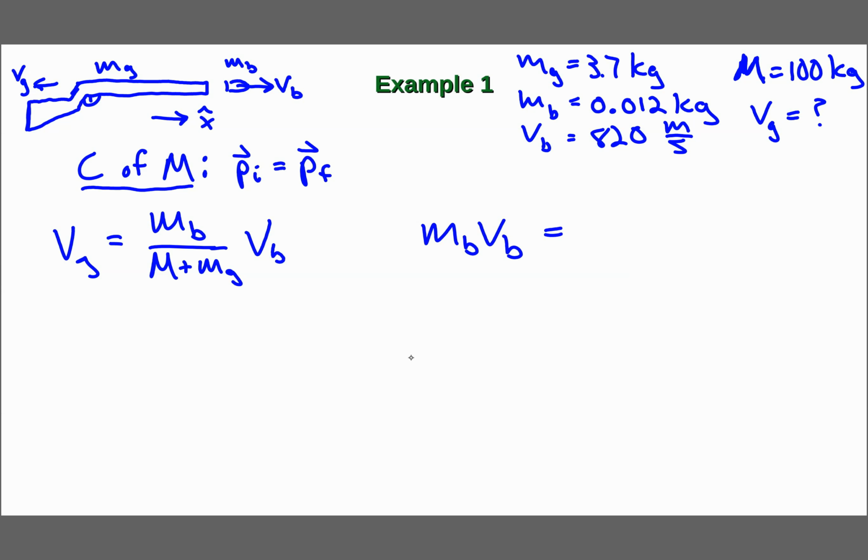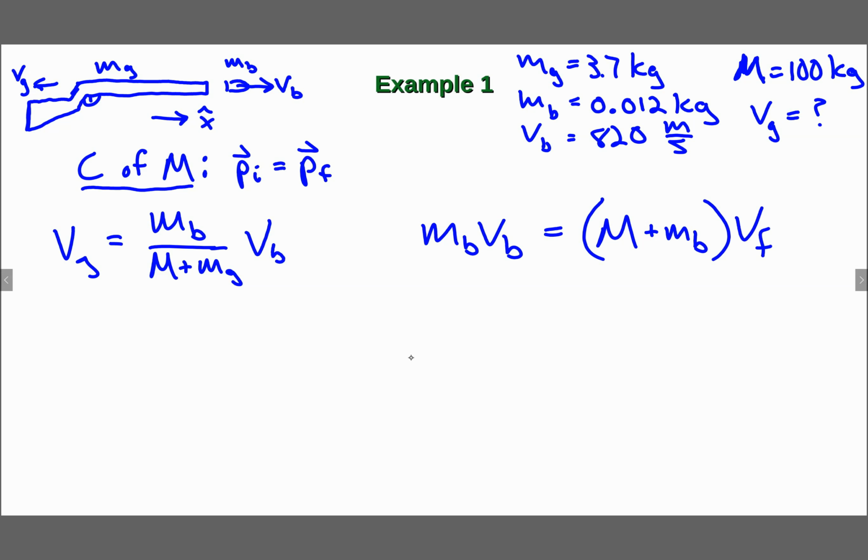And then afterward, we have some new conglomerate object. Let's say the mass of the bad guy is the same as the good guy, so we'll just use capital M again for his mass. Now this conglomerate object is the mass of the bad guy plus the mass of the bullet. The bullet and the bad guy are one object now, and they have some V final, the bad guy's V final after he gets hit by the bullet.